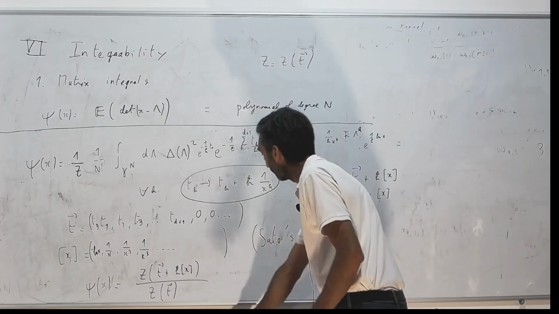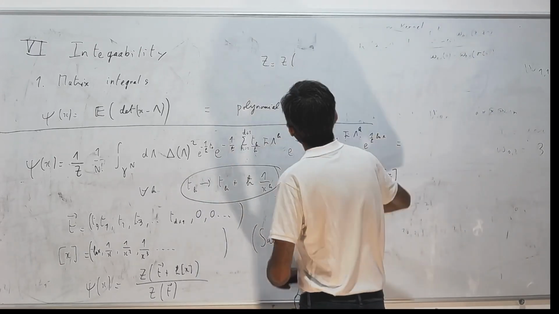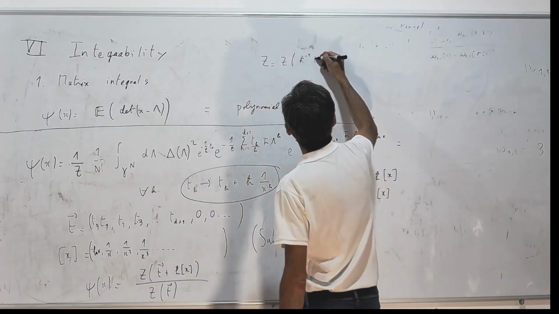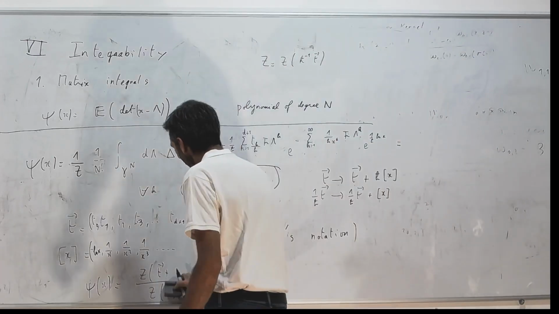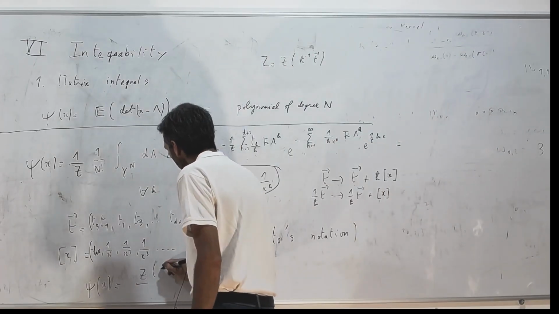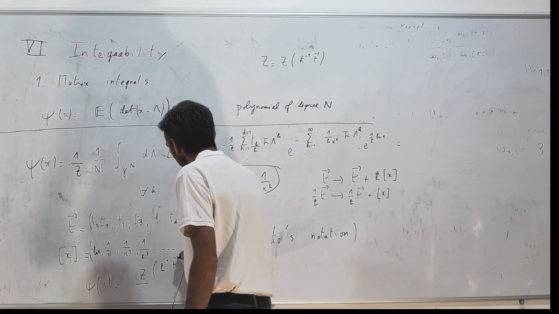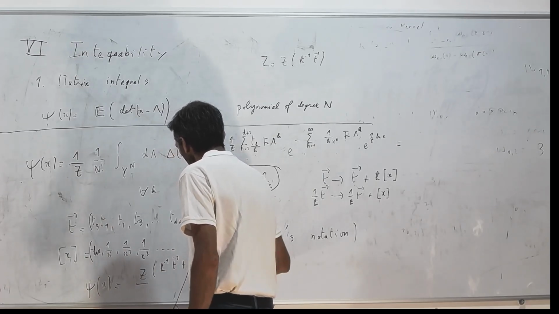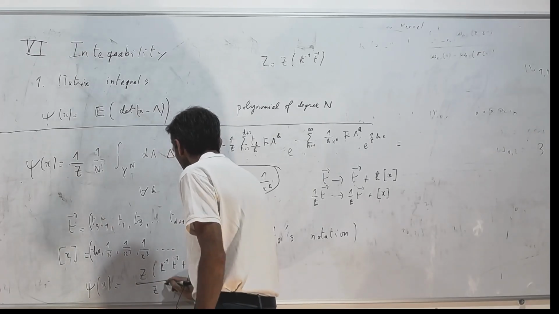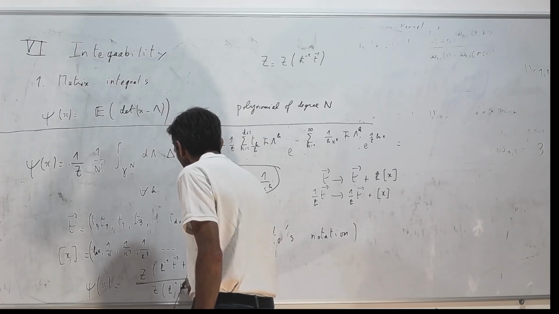In fact, let me write it z of h bar to the minus 1 t plus x over z of h bar to the minus 1 t.